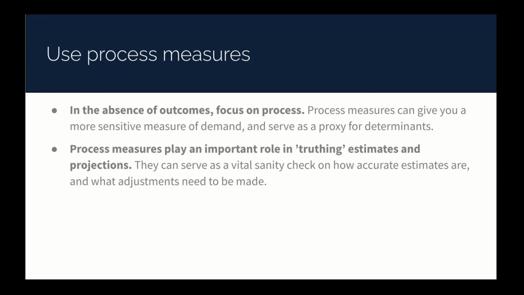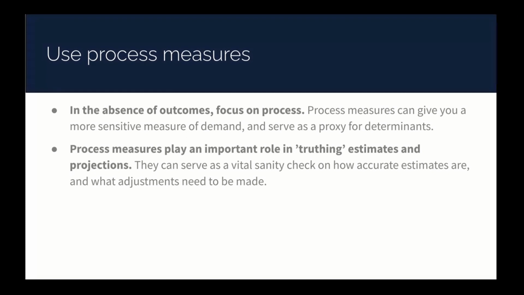The big example would be, if you're focused on food insecurity in a community and you run a food bank, sure, you can measure food insecurity within the community, but you could also measure how many people are coming to the food bank. And that's going to be a really relevant and direct proxy for food insecurity.